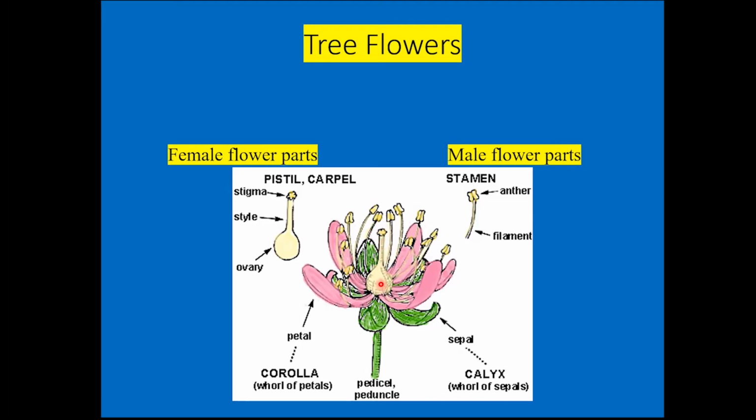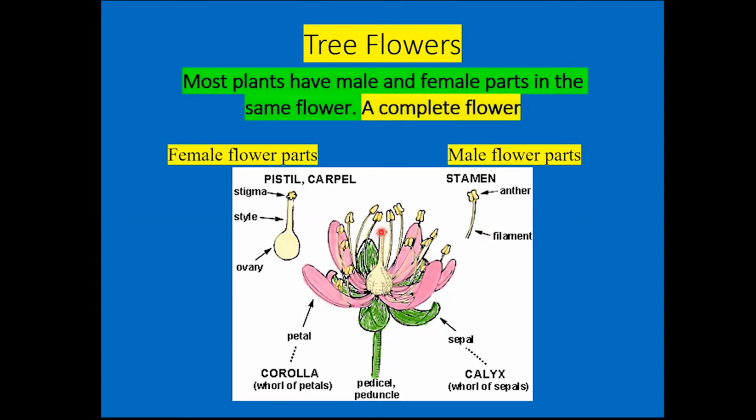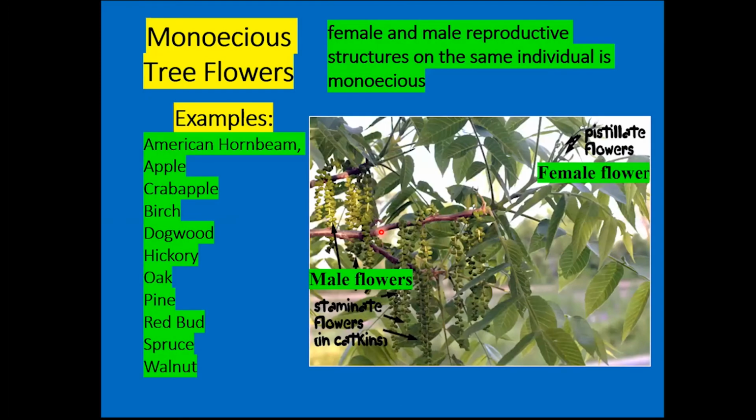But this flower, they call it perfect because it has male and female on the same flower. And so you'll see that flowers have a mind of their own. There's all kinds of combinations. There's no such thing as one size fits all. Here's male and female on the same flower. Here's where the male and the female are on the same individual, but not on the same flower.